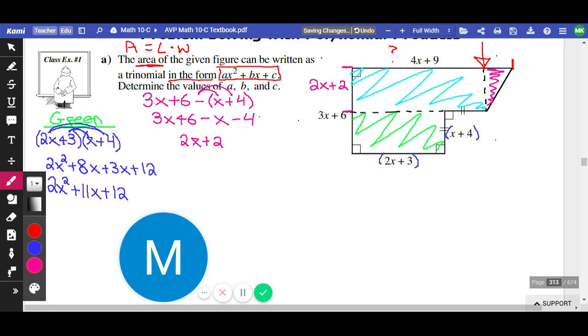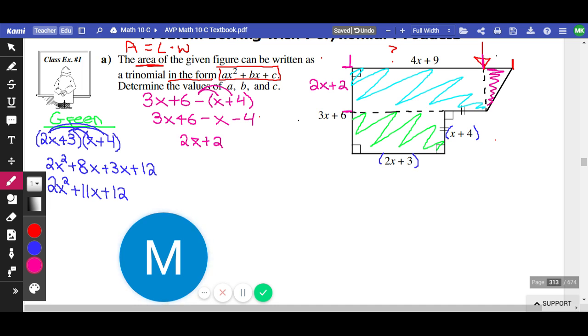We're going to use the same type of trick to figure out the top side. We don't want all of 4x plus 9 because that's too far. So we need to figure out this gap from here to here, with that big arrow. The way I would do that is, instead of subtraction, I would use addition.